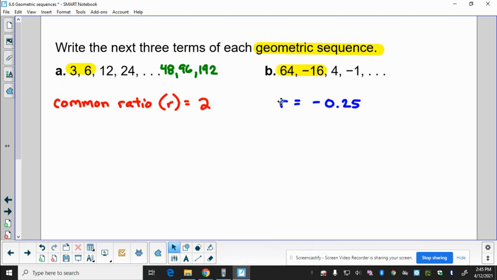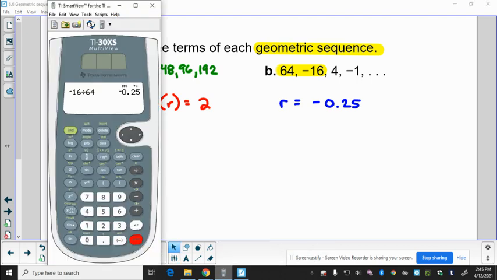Now we need to come up with the next couple numbers, okay? So I'm going to start off by putting my first number in the sequence into the calculator. Now I'm going to multiply by the common ratio. Now I should start to see my numbers appear from my sequence.